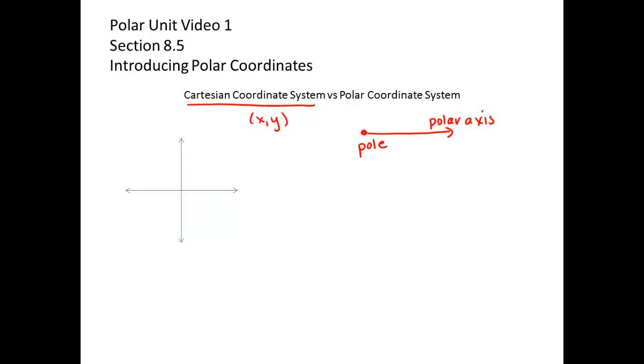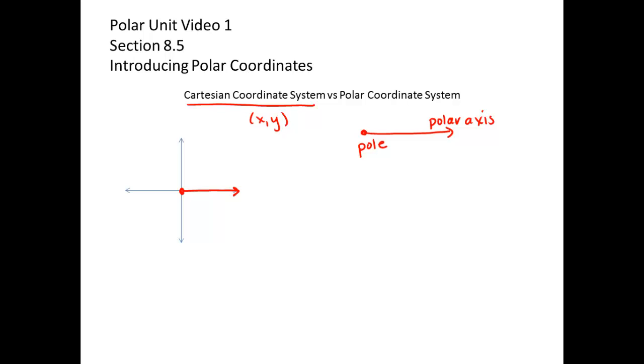We're going to begin with our polar axis with the pole at the origin and then the polar axis lining along the positive x-axis. So this is where we're going to place it, so that if you were to take a point that you plotted in the Cartesian coordinate system, xy, you could relate it very similarly to a point in the polar coordinate system.